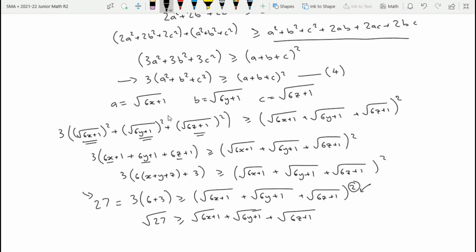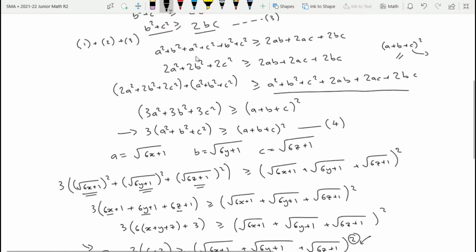And then square root of 27, we know that this is 3 root 3. And then when we rewrite this and flip the inequality so it looks like what we have in the question, that's square root of 6x plus 1 plus square root of 6y plus 1 plus square root of 6z plus 1 is less than or equal to 3 root 3, which is what we're asked to prove in the problem.